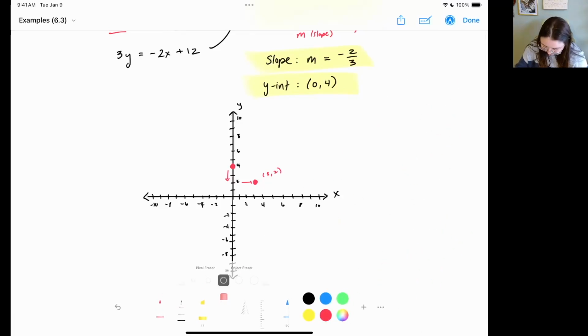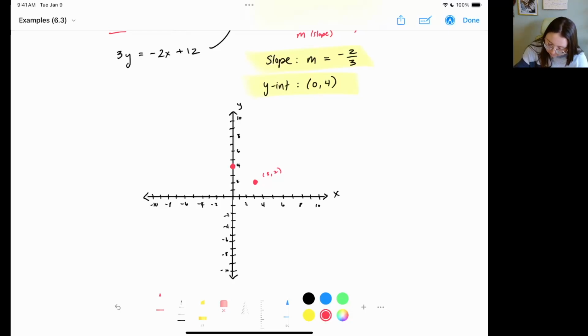So we can use our slope to do that. Now, we're going to do the opposite as well. Since that negative can go to the top or the bottom, we did the negative in the top first, and now we're going to do the negative in the bottom. So if the rise is 2 and the run is -3, that means we're going to go to the left 3 and up 2.